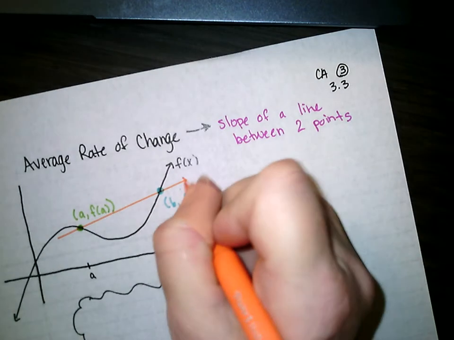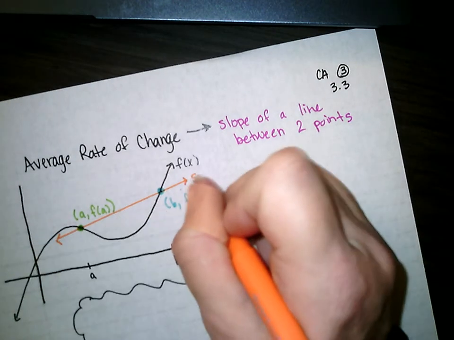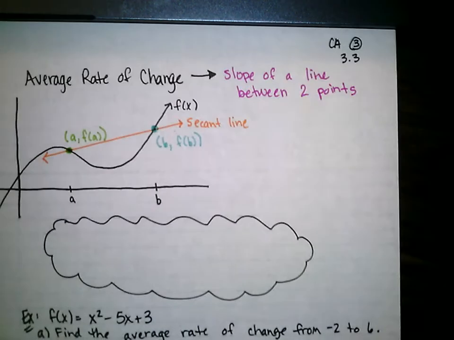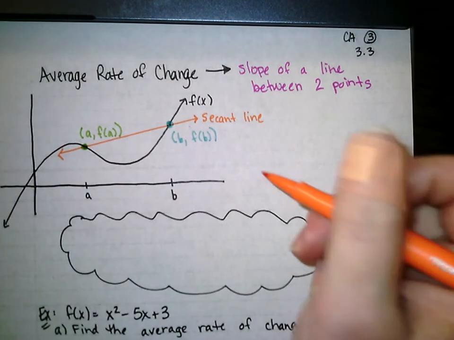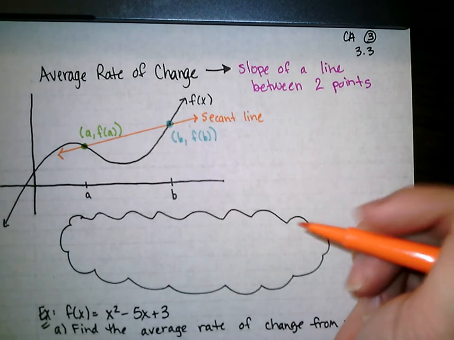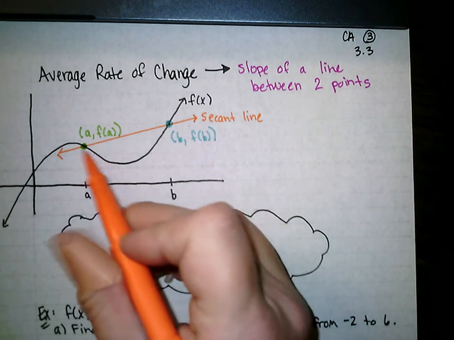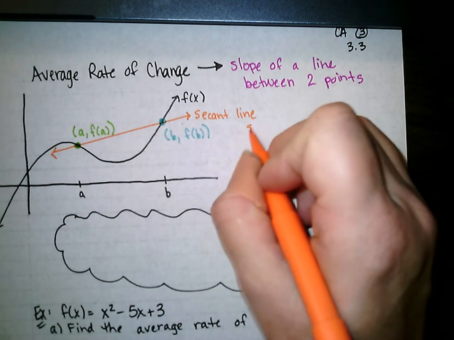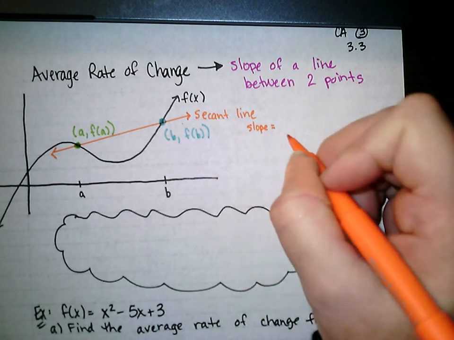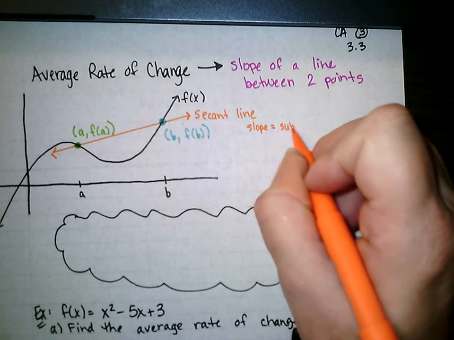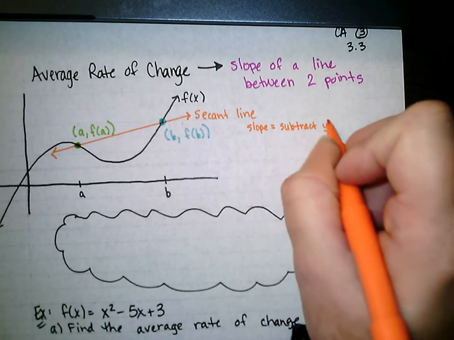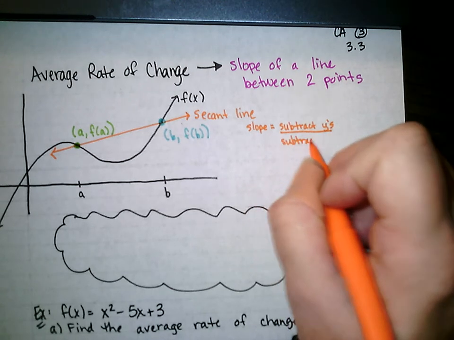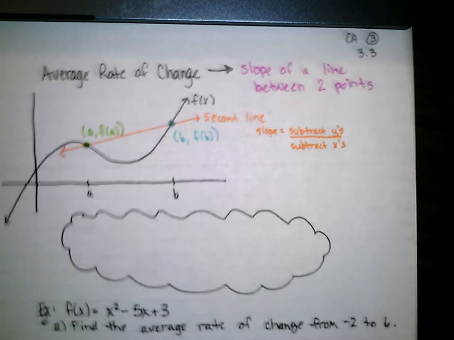Now, this line is called a secant line. It connects those two ordered pairs on the graph. And we're going to use it to find the slope or the average rate of change between these two ordered pairs. So remember, the slope is rise over run. So we subtract the y's over subtracting the x's.